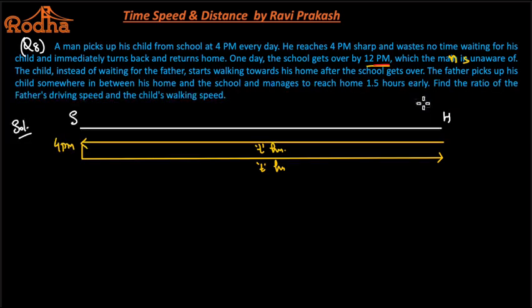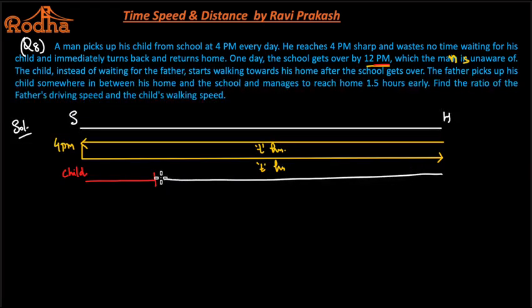And the father picks up his child. So see what has happened, no? The child here has covered some distance, and whatever distance the child has covered, obviously time has been saved. The person that day left his home as usual, unaware of this, reached here, and saw his child in between.